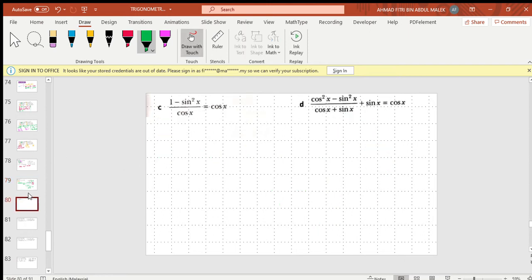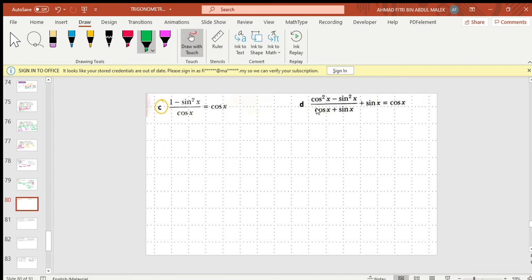Now look at these questions. You try question C, I go to question D. Remember, use it as simple as possible, not thinking too hard. You cannot use the basic identity here because cos square x plus sine square x is equal to 1, not minus.